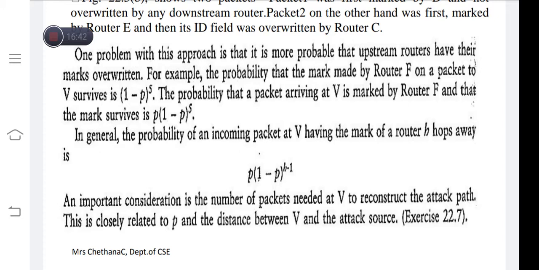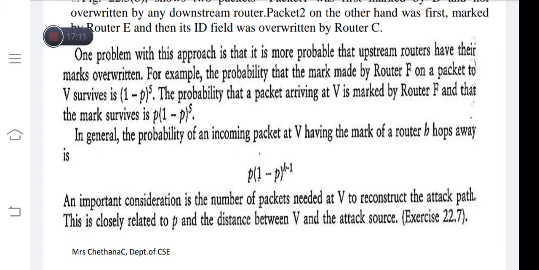Using a single packet, obviously you cannot make a strong decision about the source of the attack. So you need some number of packets which is needed by the victim to reconstruct the path. This is closely related to the probability P and the distance between the victim V and the attack source.